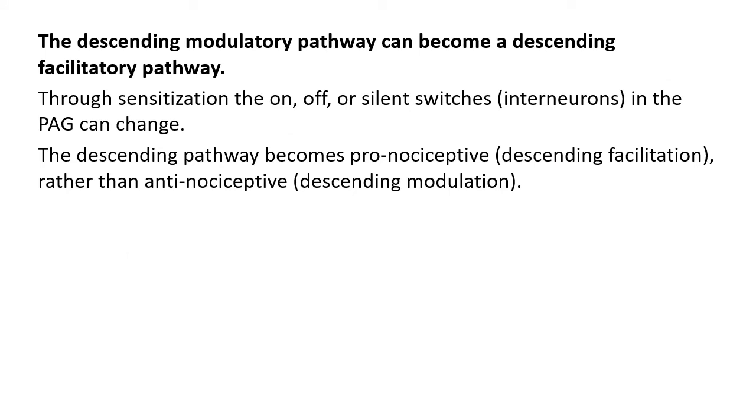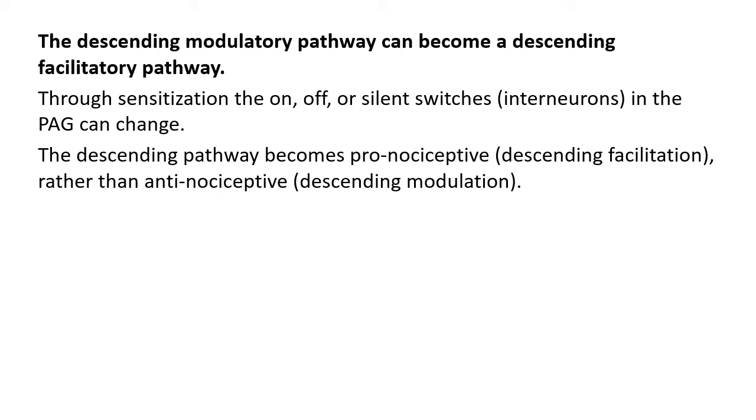Remember descending modulation, how interneurons act as on or off switches or can even be silent in the PAG. Usually the upshot is the inhibition of pain via IPSPs in the second-order afferent. In other words, the pathway is anti-nociceptive.